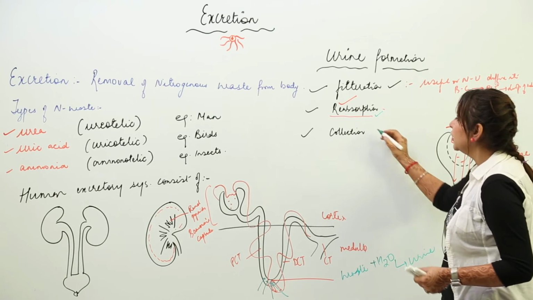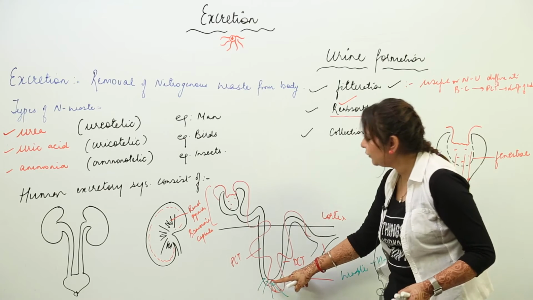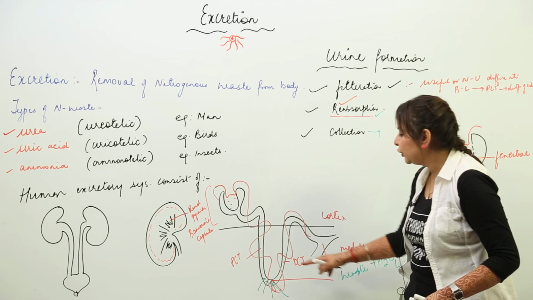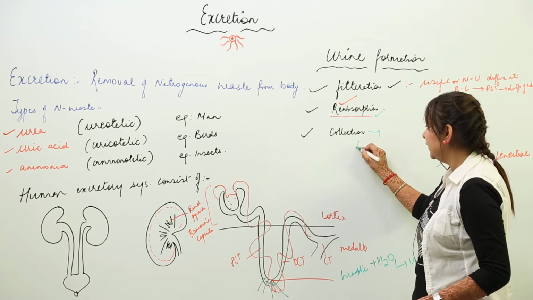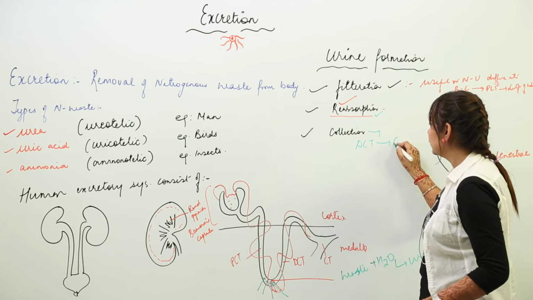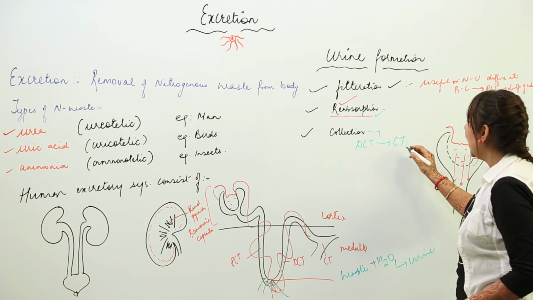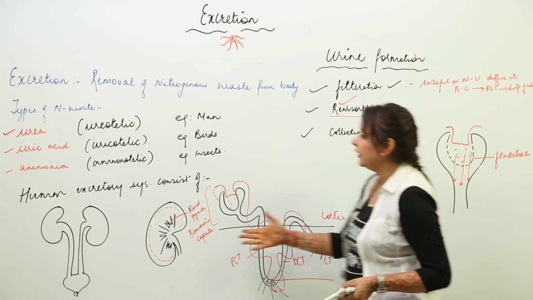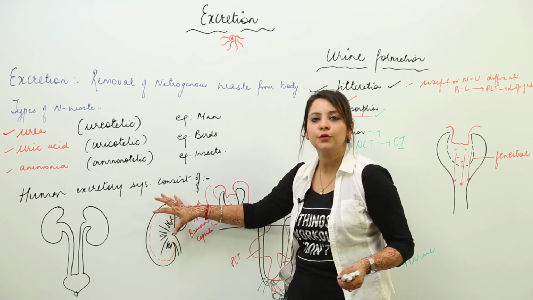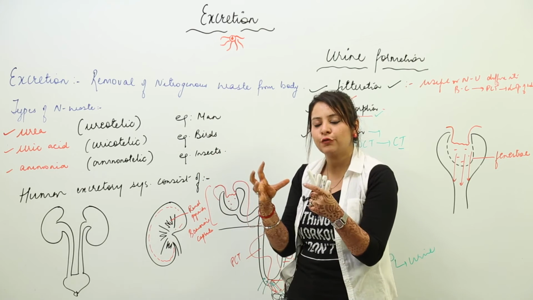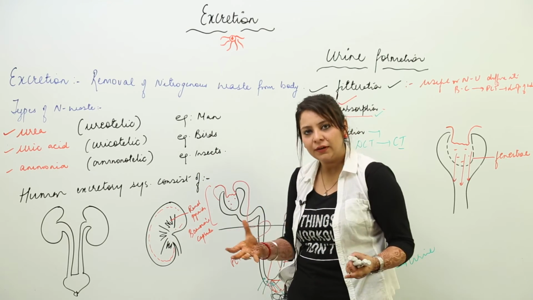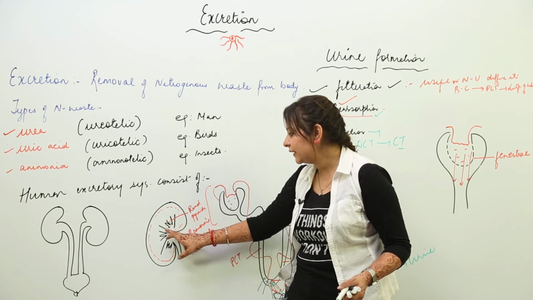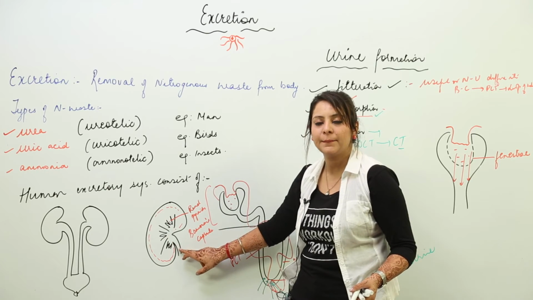Third is collection. You need to write that urine, now we will not be calling it waste because it has been transformed into urine. So urine passes from the DCT to the CT, and CT means collecting tubules. As we know there are many nephrons, so the collecting tubules of different nephrons unite to form bigger collecting tubules, and they pour their secretion into the renal pyramids, and through the renal pyramids it is poured into the ureter.